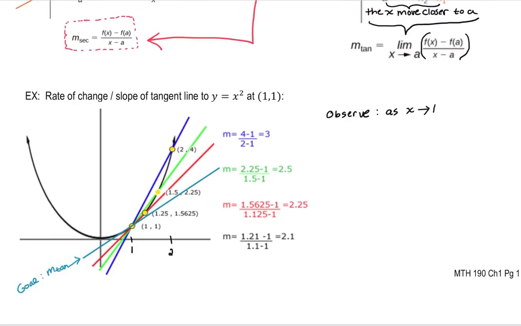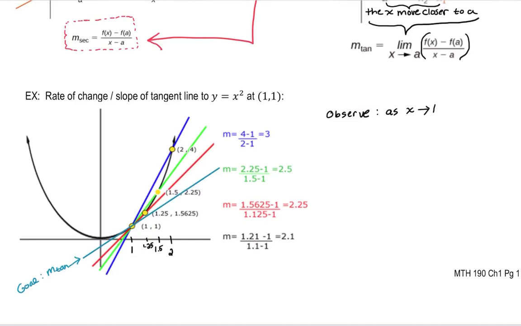That's the first x, and that slope was 3. Then we go out from 1 to 1.5, which is not necessarily drawn to scale, and that slope, the green one, is 2.5. Then we go out to 1.25, and that slope, the one we're seeing in red, is 2.25, and so on.